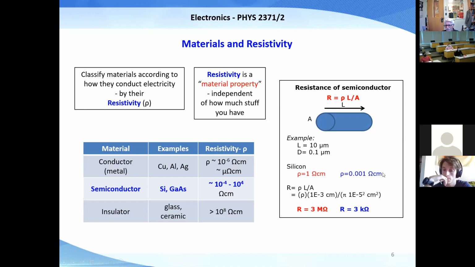Notice that I didn't write this number as 1 milliohm centimeter, which you would want to do normally. The reason I wrote it this way is they both have the same unit, so it's really easy to see, this is 1, this is 0.001. So it's easier to see that there's a big difference rather than if I had written 1 ohm centimeter, 1 milliohm centimeter. I think it's just easier to spot.